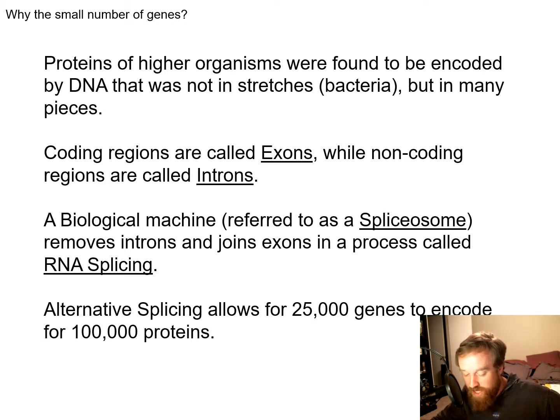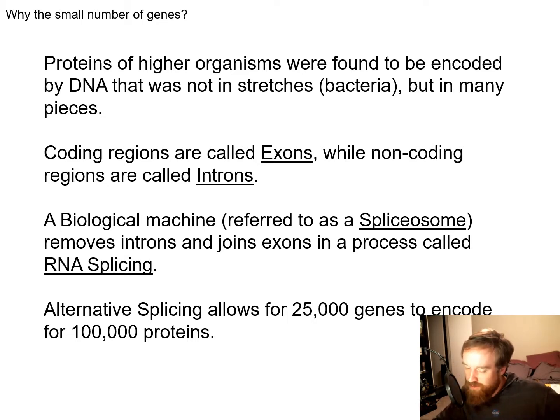But what was crazy about it is if we looked at the number of proteins that were also in humans: 25,000 genes roughly, and 100,000 proteins is what we would be able to characterize in humans. So how is it possible that something as few as 25,000 genes could lead to as many as 100,000 proteins?